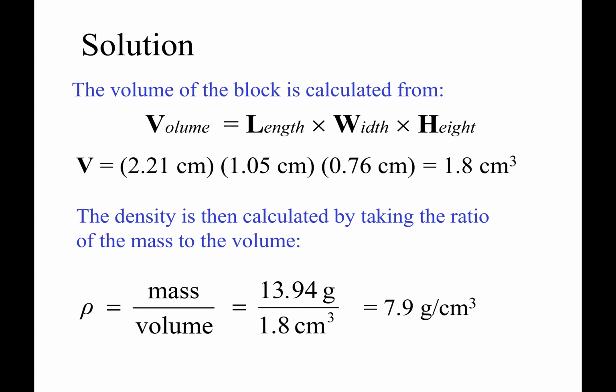So to get this one, I took the 13.84 grams divided by 1.8 centimeters cubed. That's what you did. To get the one that I reported, I did this. The difference between the two is that I used the unrounded volume there and the rounded volume there.